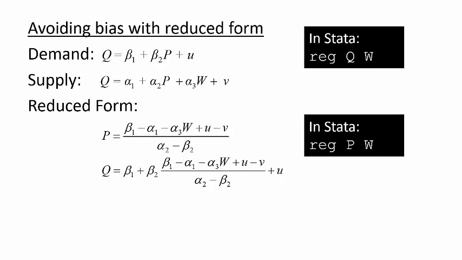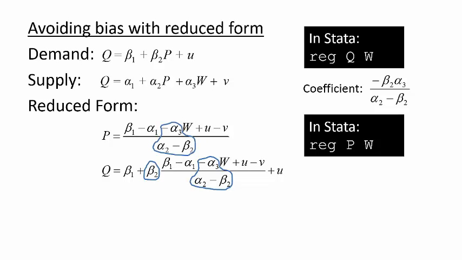A careful look at the reduced form for Q shows that W is multiplied by a number of terms, so that the W coefficient in this reduced form regression is an estimate of negative beta 2 times alpha 3 divided by alpha 2 minus beta 2. Similarly, the reduced form for P shows that the second reduced form regression has a W coefficient that estimates negative alpha 3 divided by alpha 2 minus beta 2.